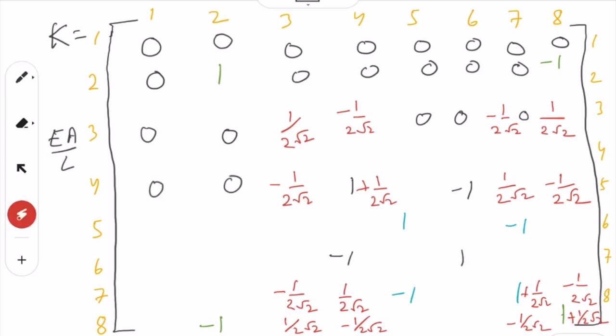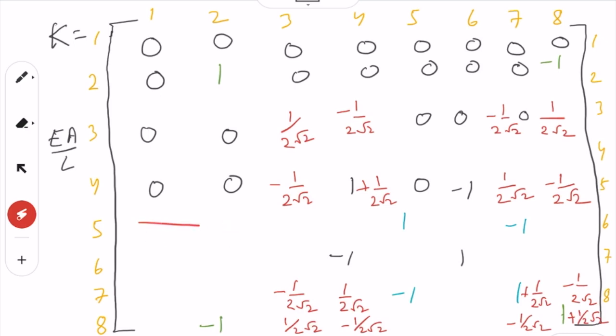Here also fourth one. So 1, 2, 3, 4. In 5 we will have 0. 5, 6, 7, 8. So we have 0 here. So 0. Okay. So 1, 2.